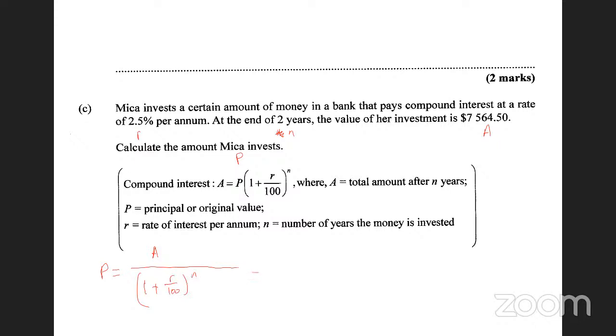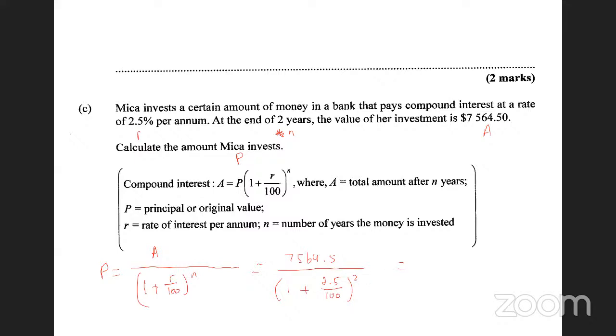So the amount that she got was 7564.5 all over 1 plus R. R was 2.5%, so R is 2.5 over 100, to the power of N. N is 2 years.